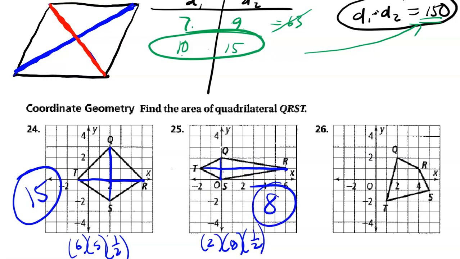Oh man, look at this dude. So this dude's got some weird diagonals going on here. So diagonal times diagonal. Well, since I can't count those, since they're going cockeyed, I'm going to have to use Pythagorean theorem.